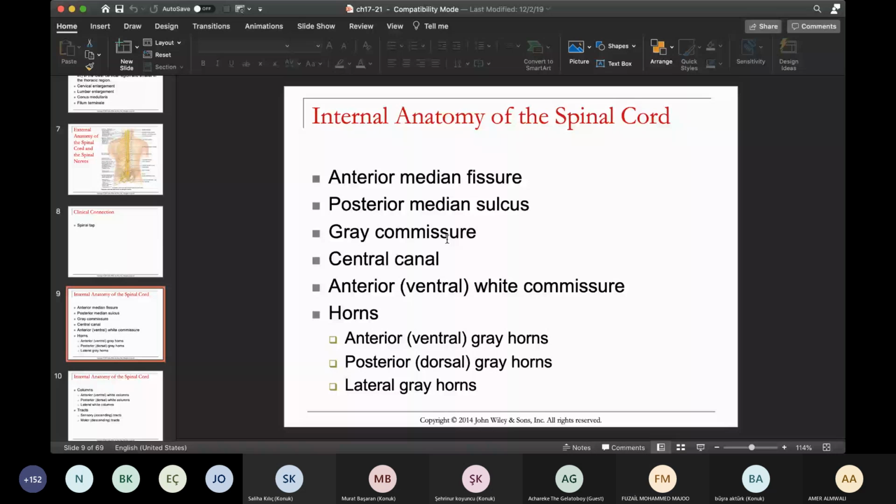Now, at the superior end, the central canal is continuous with the fourth ventricle, and this fourth ventricle is a space that also contains CSF.